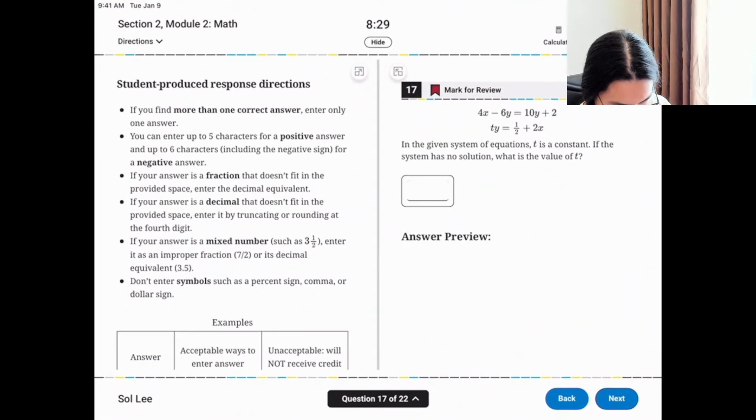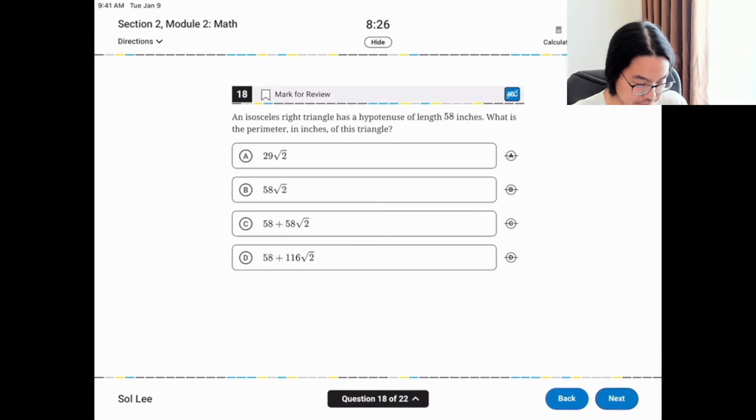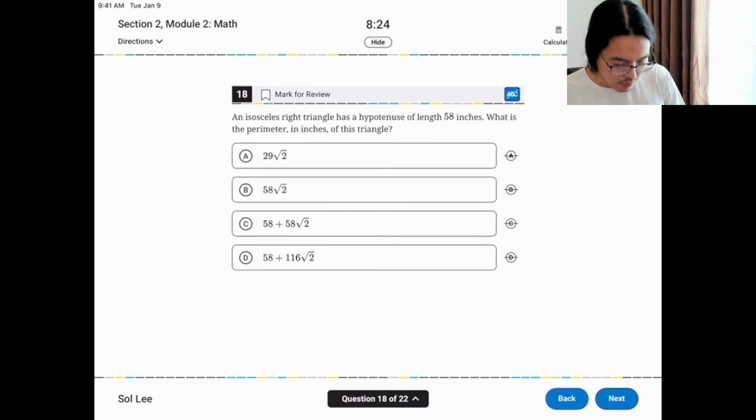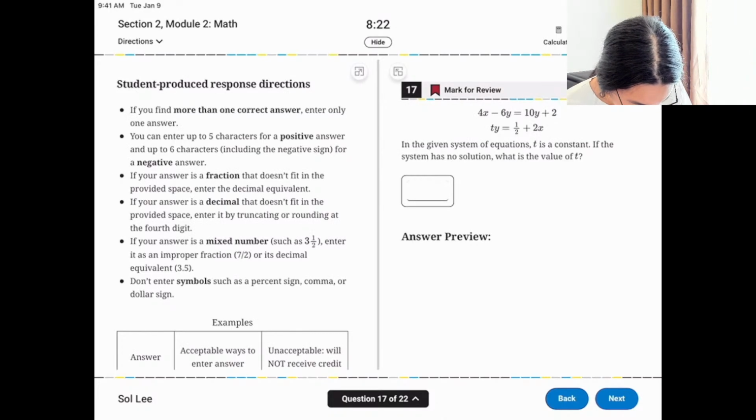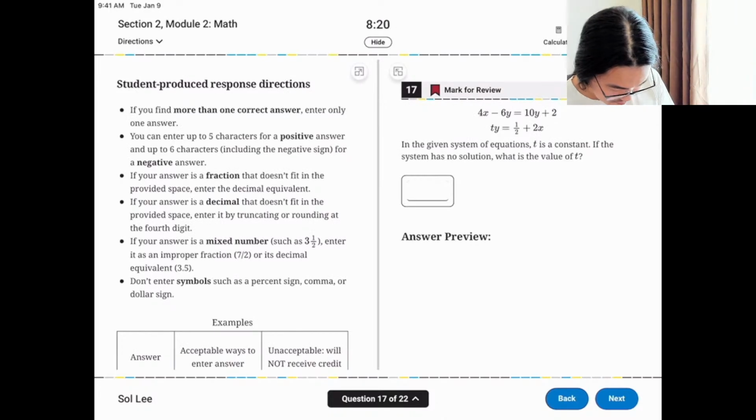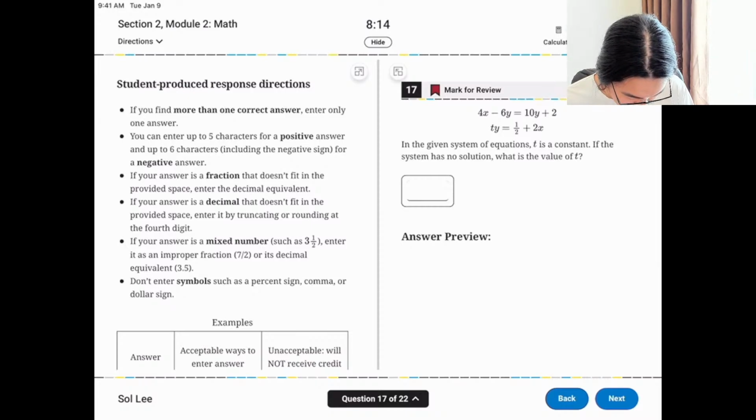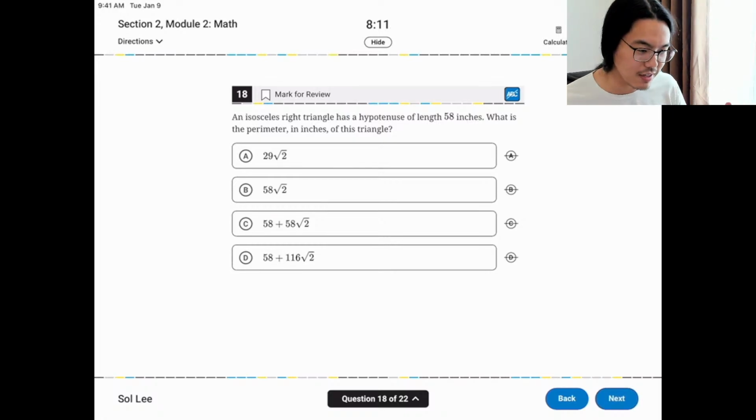Okay, I'm lazy. I'm going to skip and return. Maybe I could plug in numbers. No, I can't just plug in. It's like multiple steps. I'm going to deal with that later.